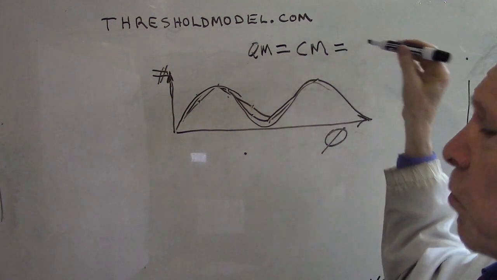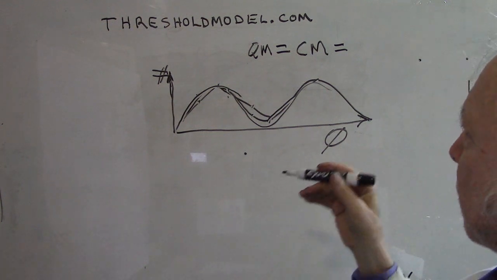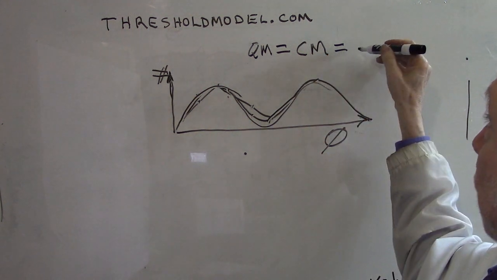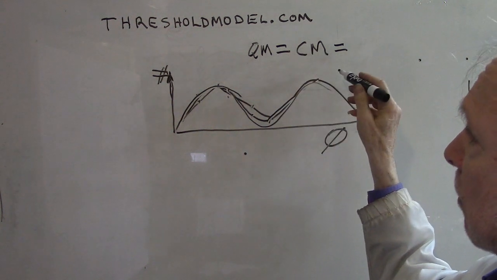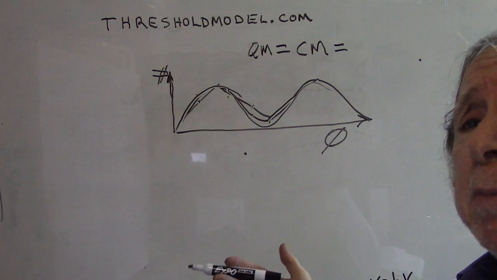And that's the same thing as what Malus's law came up with about polarizers. And this also fits the experiment. So the experiment and quantum mechanics and classical mechanics all agree on this. So who are you going to believe?